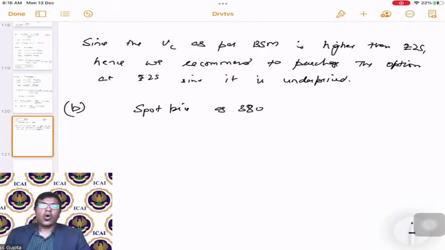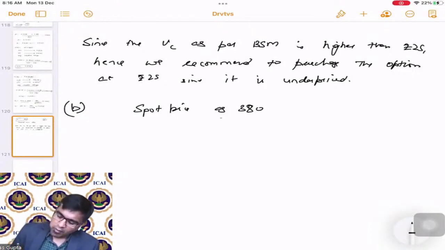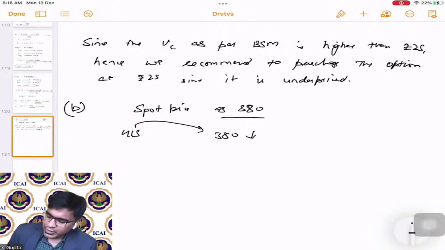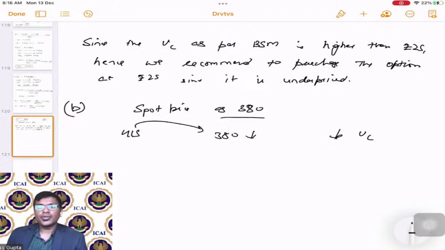Now students, directionally can all of you think where the premium will go? Earlier the spot price was how much? 415. Now they have reduced the spot price. Reducing spot price will have a reduction effect on the value of call option also. The premium will be reduced, correct? Because in case the spot price is going higher and higher, then only the premium will also increase.